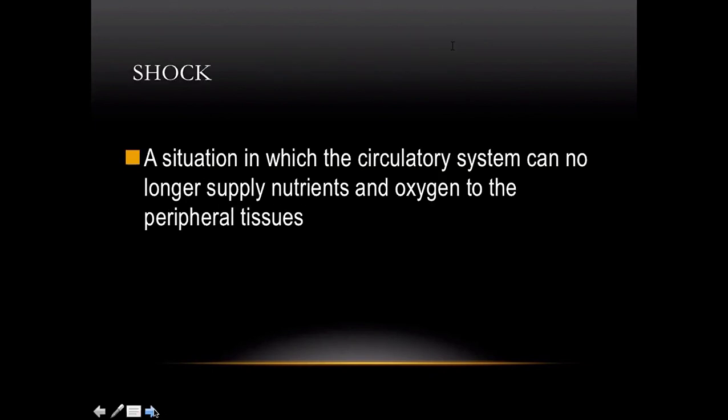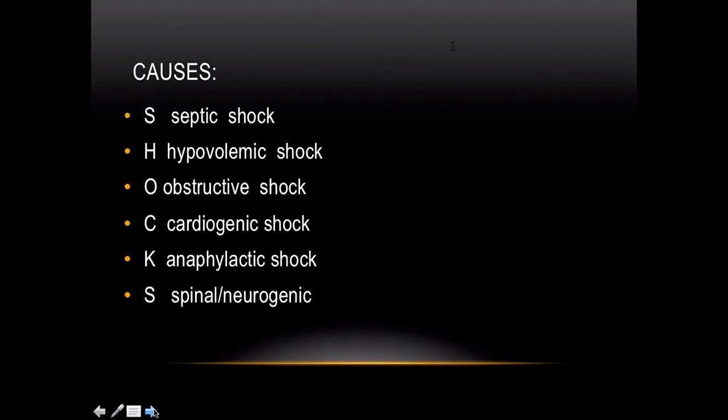And last is the shock. Now, of course, you cannot see shock microscopically, but this is a situation in which the circulatory system can no longer supply nutrients and oxygen to the peripheral tissues. So na-shock ang mga tissues or organ. No? So the causes are shocks also.